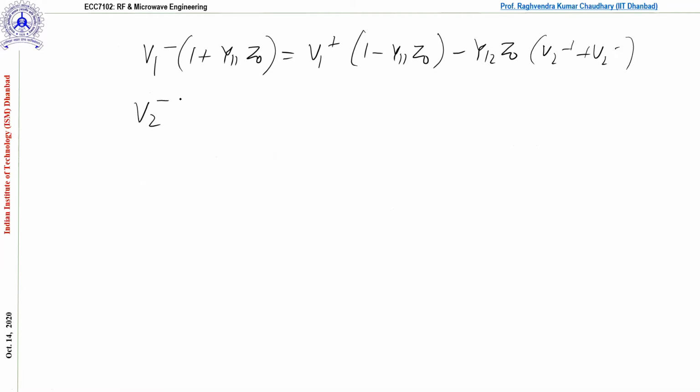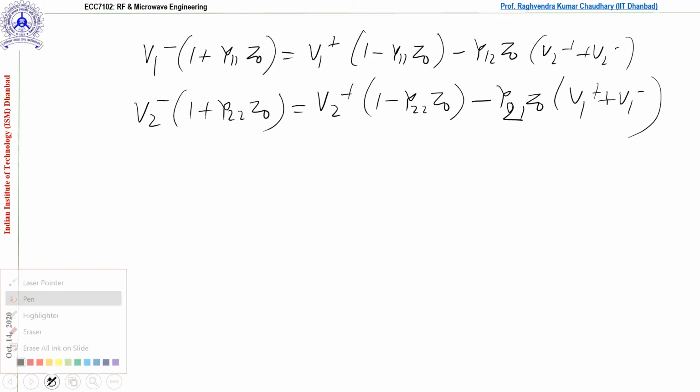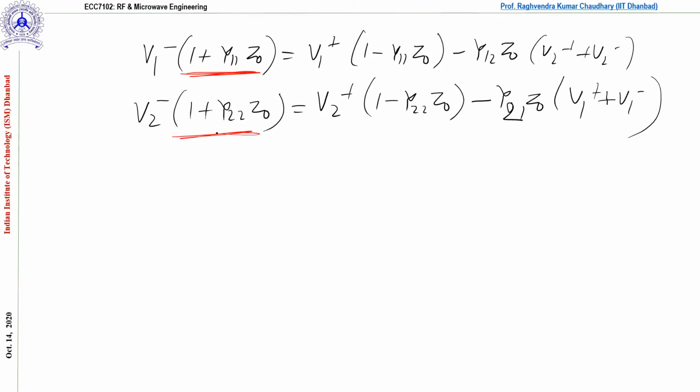And similarly, V2 minus times (1 plus Y22 Z0) is equal to V2 plus times (1 minus Y22 Z0) minus Y21 Z0 times (V1 plus plus V1 minus). Now you can see these coefficients of V1 minus and V2 minus, and this is a complex situation.